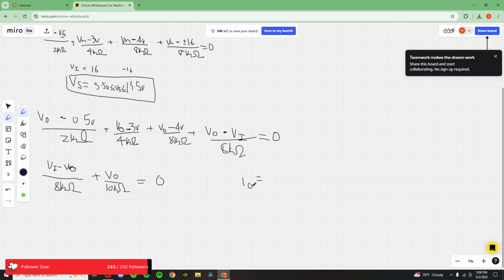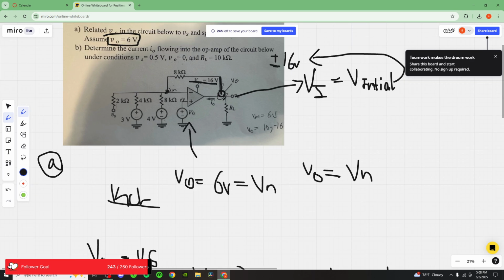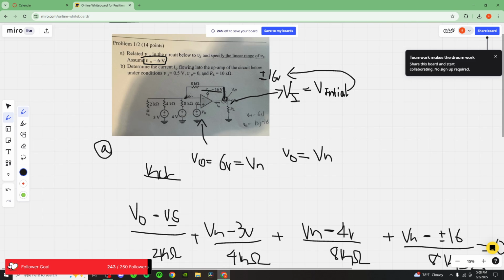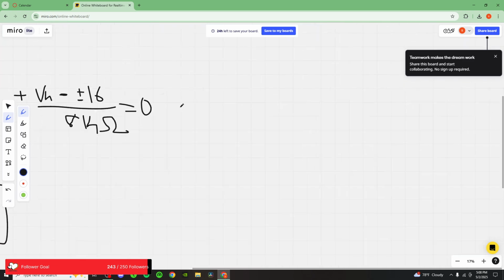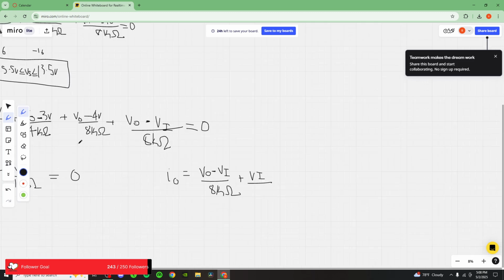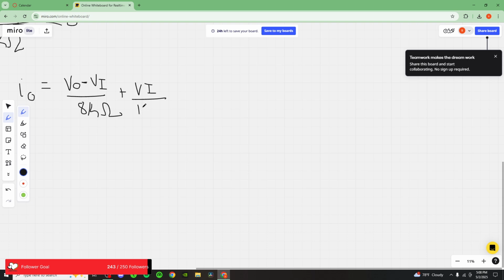It should look something like this: V0 minus VI over 8 kilo ohms, plus you get the RL, which is 10 kilo ohms, so it's going to be VI over RL, which should be 10 kilo ohms.